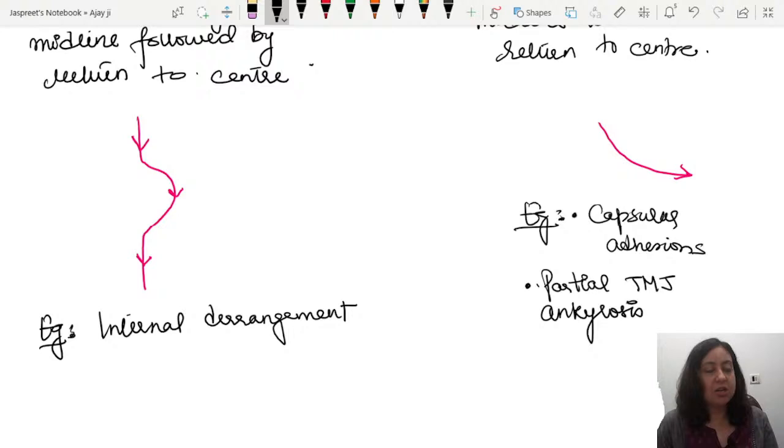The mandible does not return to the midline on movements.